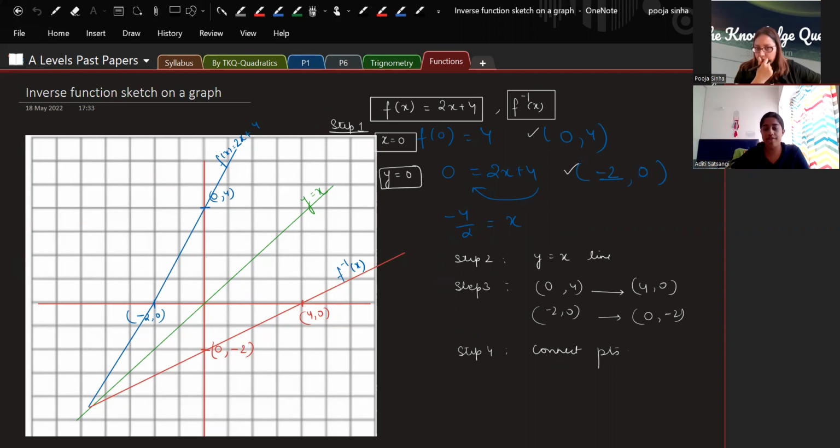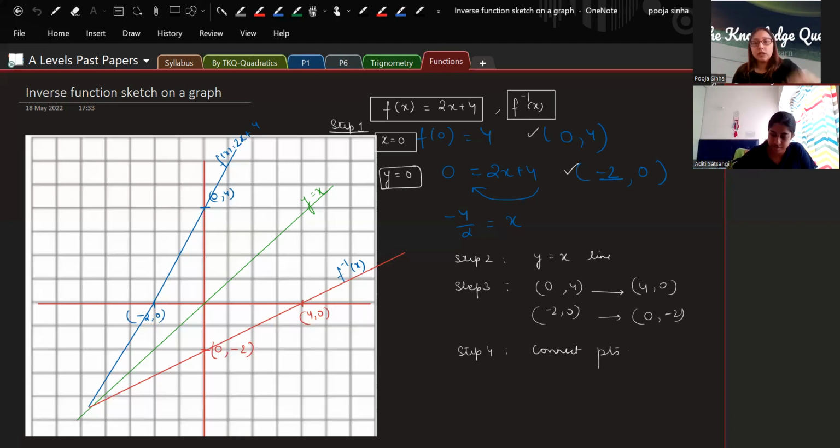And for f inverse of x, if x is equal to 0, the y value we get becomes the x value for that inverse function. And the x value for the y coordinate becomes the y value for the inverse function. Okay, so you just inverse it, either you reverse them or you inverse them.